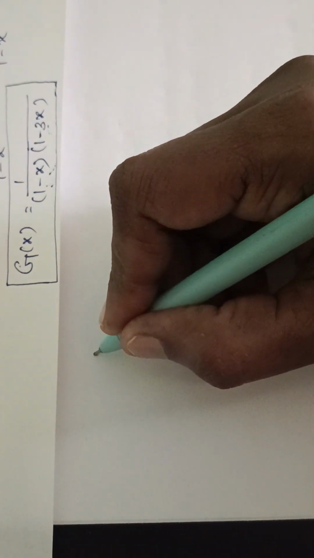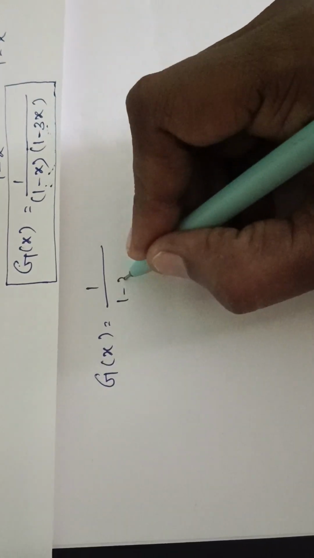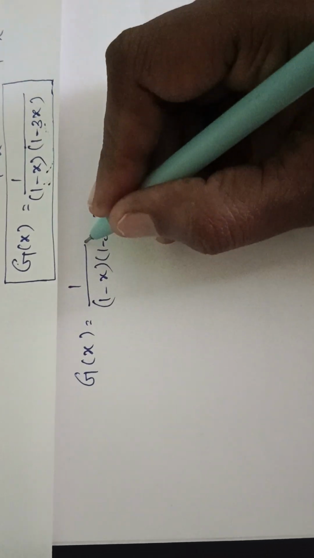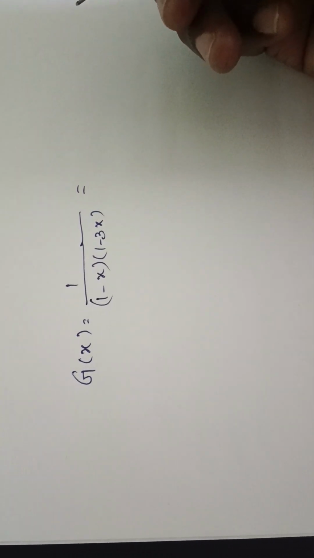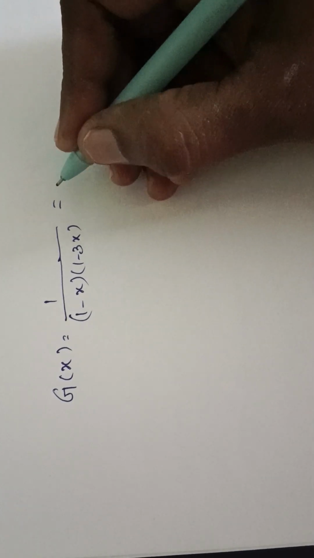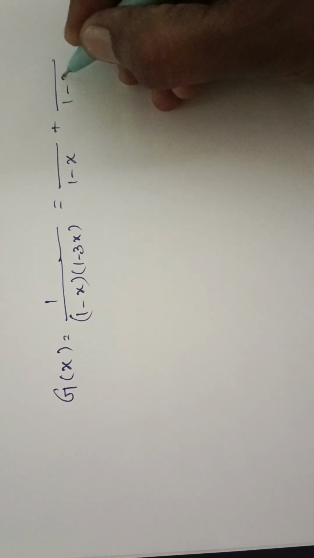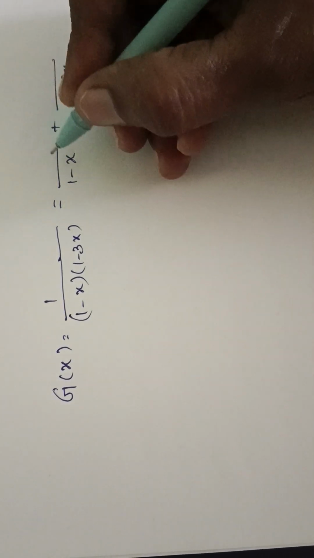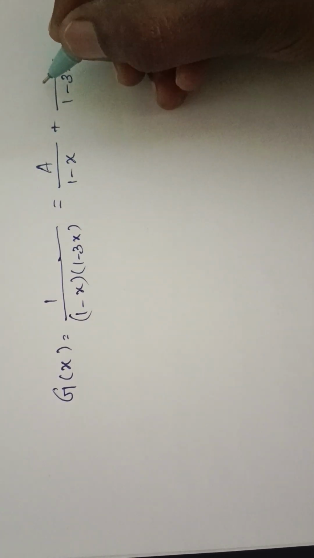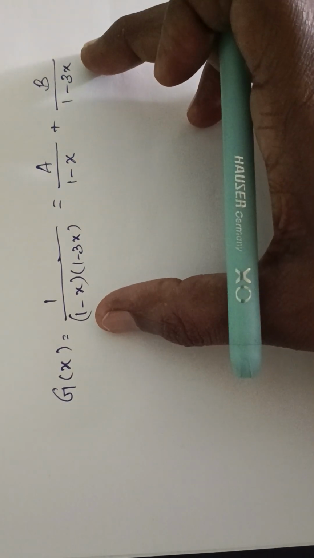So g of x is equal to 1 by 1 minus x into 1 minus 3x. When we split, the first term is 1 minus x and 1 minus 3x. Using partial fraction, both are different factors, so a by 1 minus x plus b by 1 minus 3x. Hereafter we use this function only.